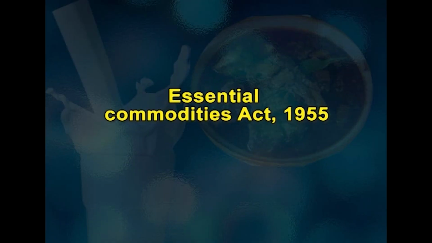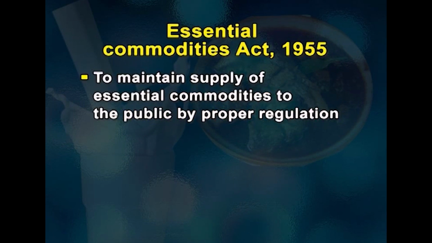The next important regulatory act is the Essential Commodities Act, which was enforced in 1955. The objectives are to maintain supply of essential commodities to the public by proper regulation.